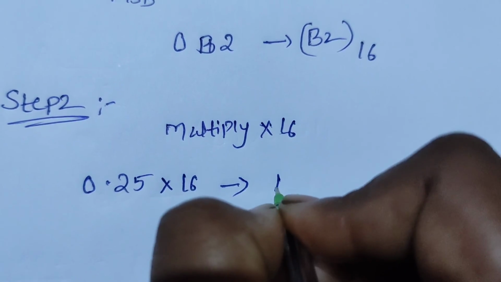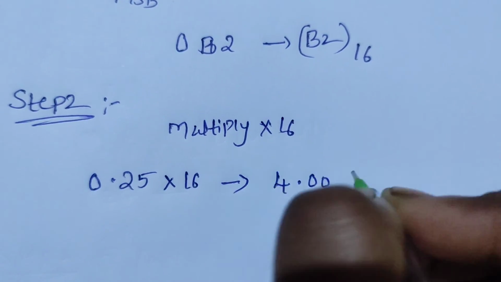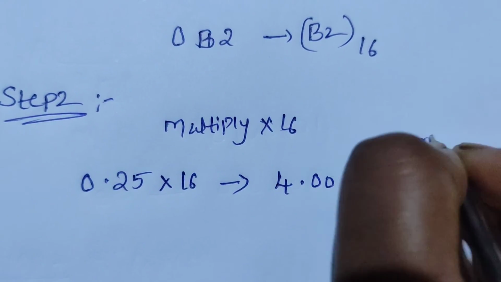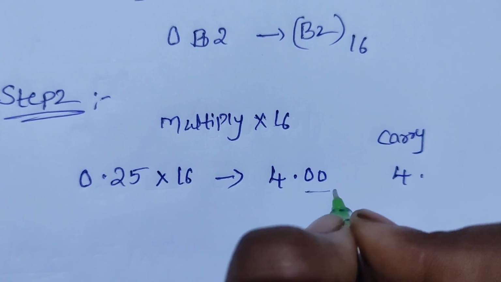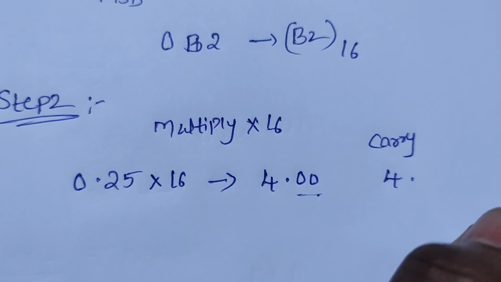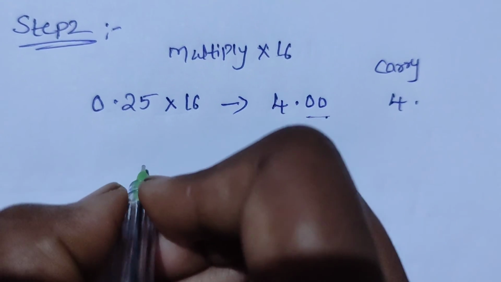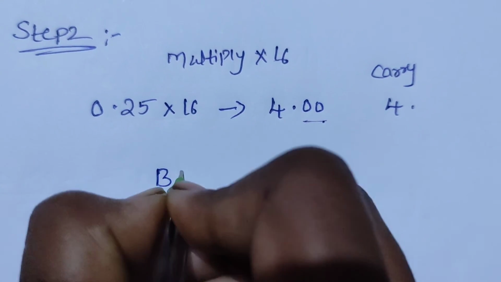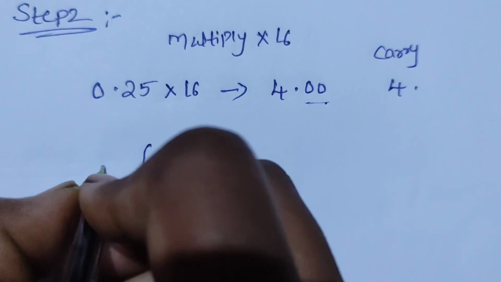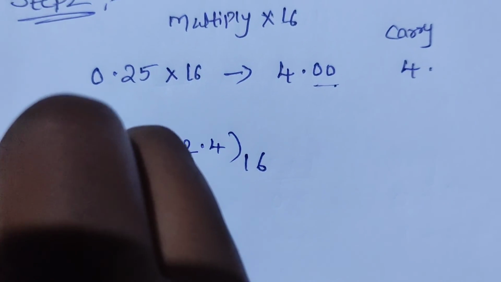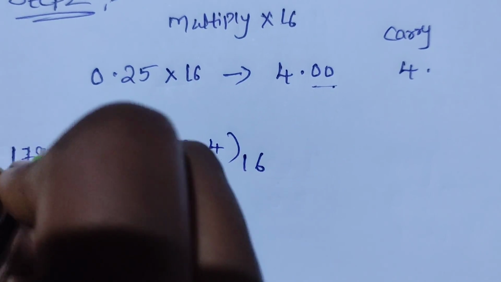Doing it, I get 4.00. Before the decimal point is 4 and after the decimal point no value is there to multiply. Stop it. This is the hexadecimal equivalent of the decimal value 178.25.